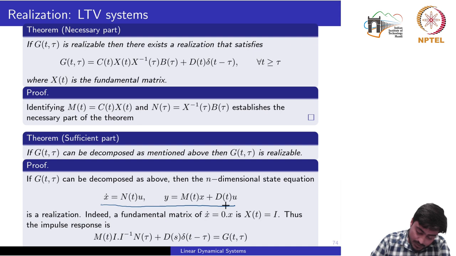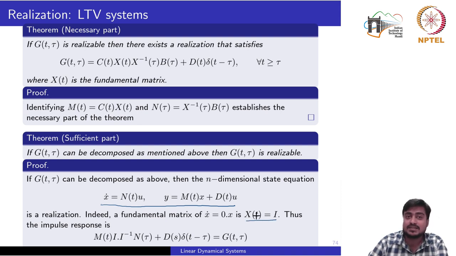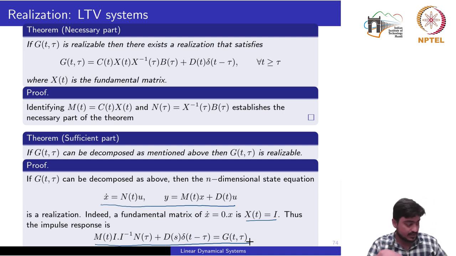So if we compute the fundamental matrix of this one, we already know that the fundamental matrix is an identity matrix, right? And thus if I compute the impulse response of this one, it is finally the impulse response matrix, which proves the sufficiency part of this theorem.